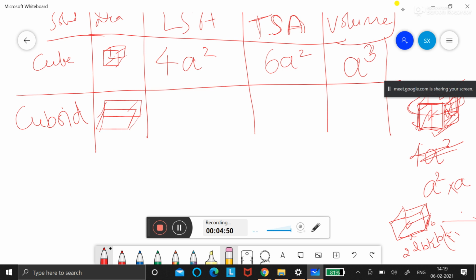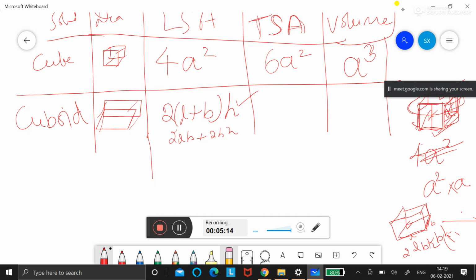If you take H outside, you get 2 into L plus B into H. You can also write 2LB plus 2BH. This is the lateral surface area. People will read this only. It's easy: 2 into L plus B into H.